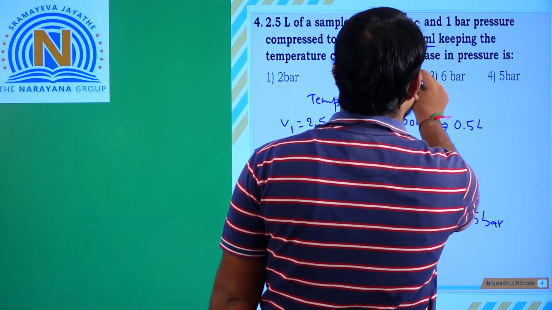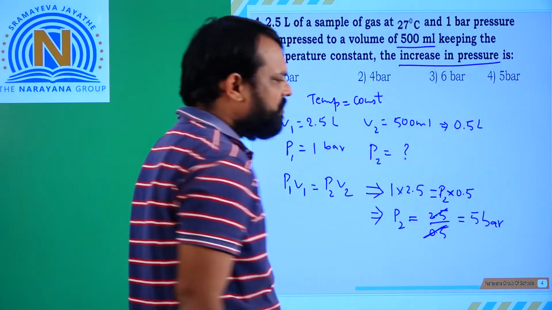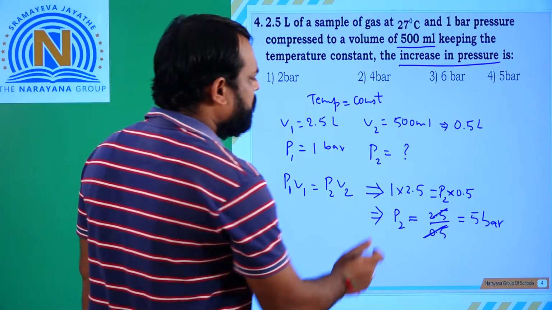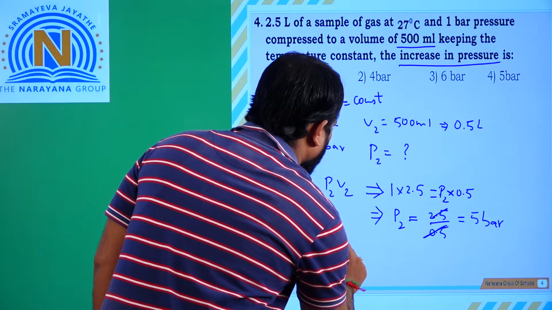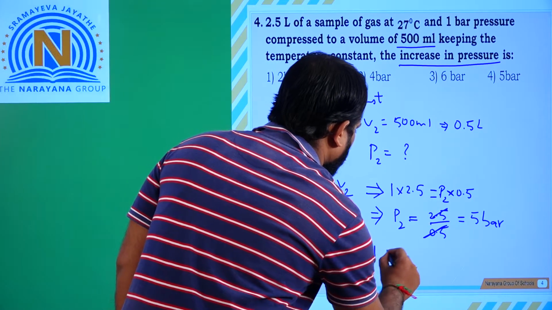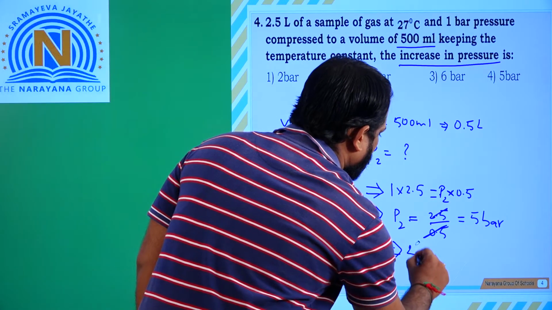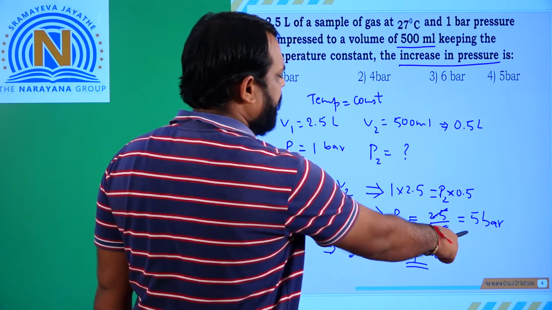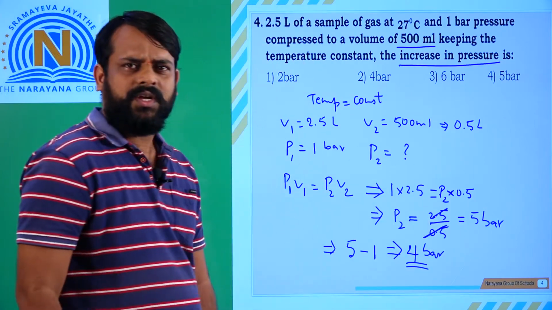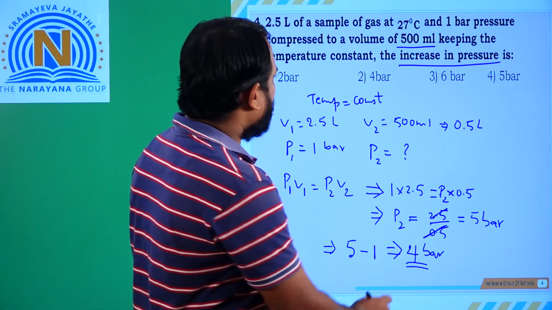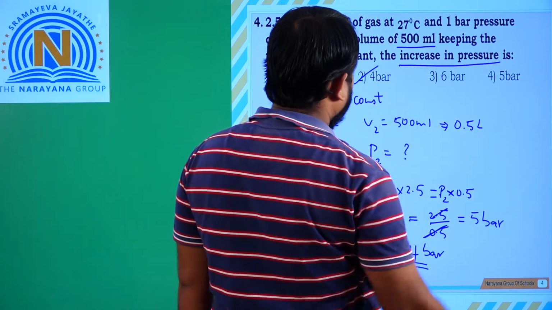The question asks the increase in pressure, which is P2 minus P1, that is 5 minus 1, so you will get 4 bars. The increase in pressure is the final pressure minus the initial pressure, 5 bar minus 1 bar, that is 4 bar. So the option is second option.